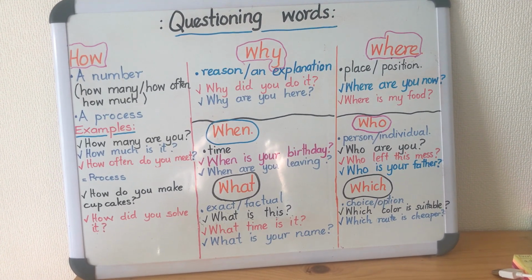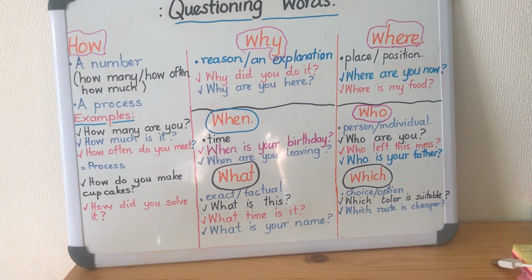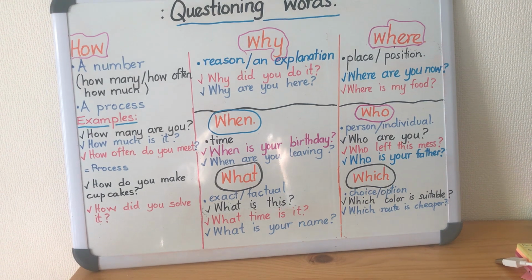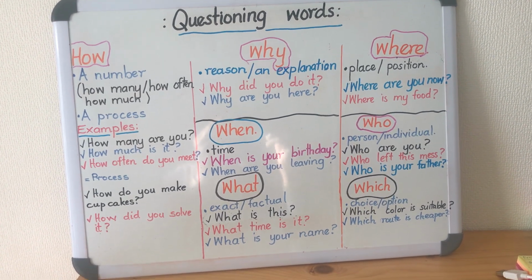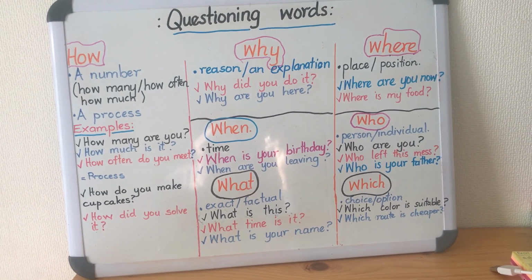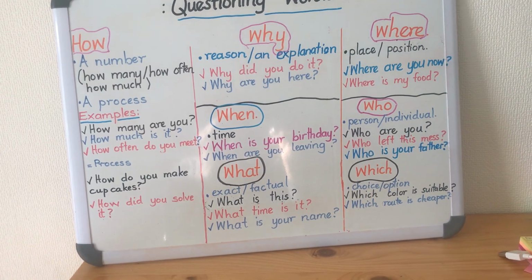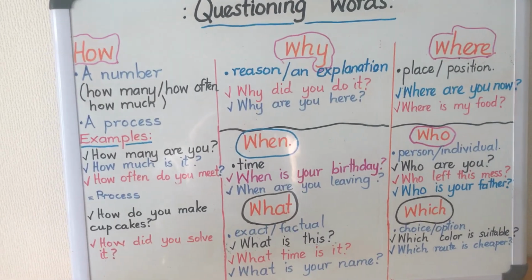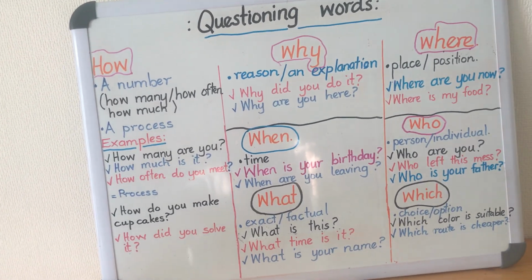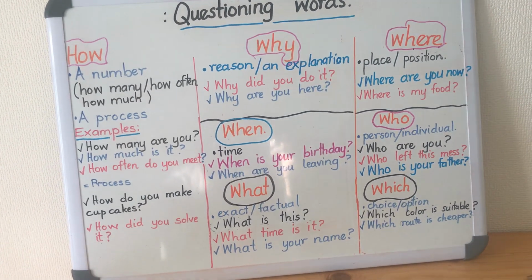But again, it's not the least in our group of questioning words, is which. In most cases, when you have questions using which, it's an issue of making a choice, or you're supposed to, you have options to choose from.